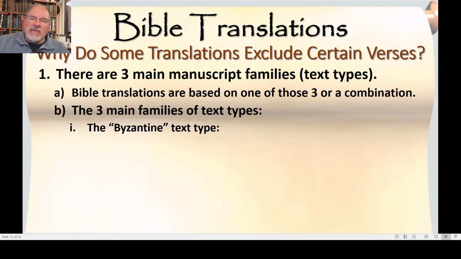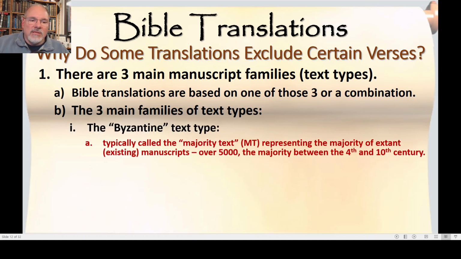So the Byzantine text, let's look at that first. It's typically called the majority text because it's representing the majority of extant or existing manuscripts. There's over 5,000 of them. The majority of them are between really the 4th and 10th century. They are later manuscripts, okay?